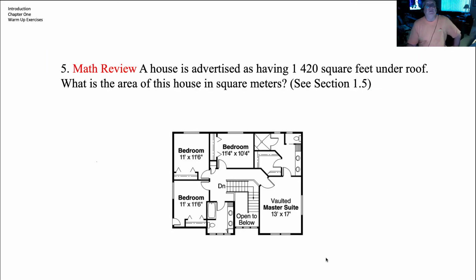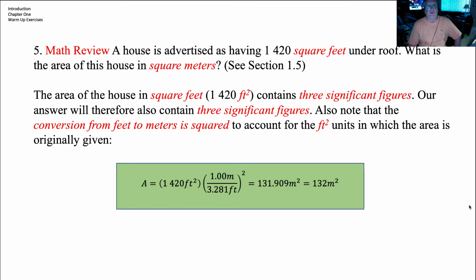Number 5. A house is advertised as having 1,420 square feet under the roof. What is the area of this house in square meters? So we're going to try to figure out what we need to do to convert from square feet to square meters. In this case, the area of the house in square feet contains 3 significant figures.